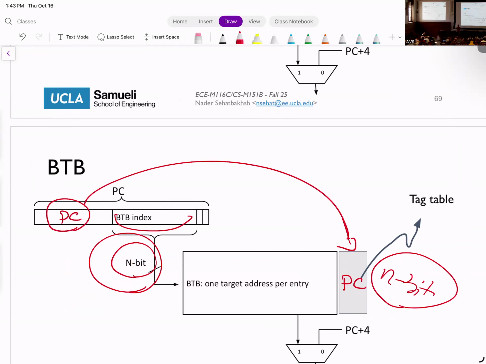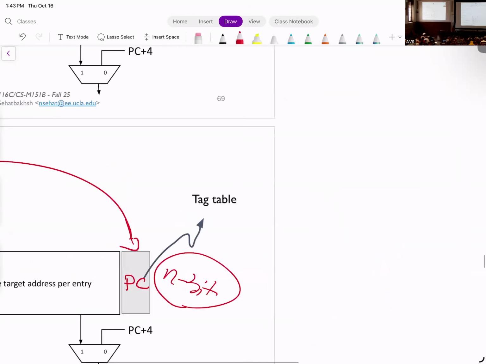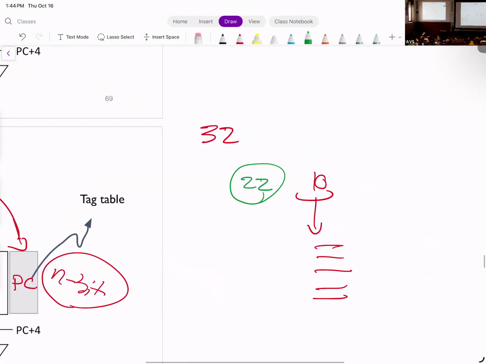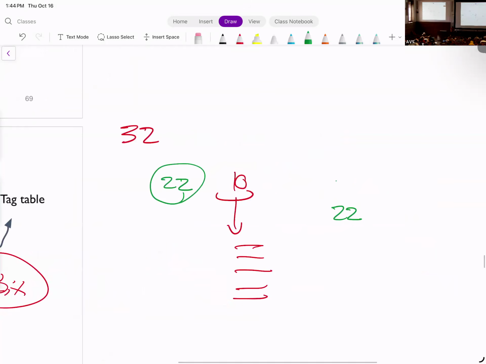For example, let's say I have a 32-bit value, right? I use the first 10 bits to index the table. What I need to store is only the rest of the 22 bits as the tag, because I can always generate the full PC by doing the tag plus the index.